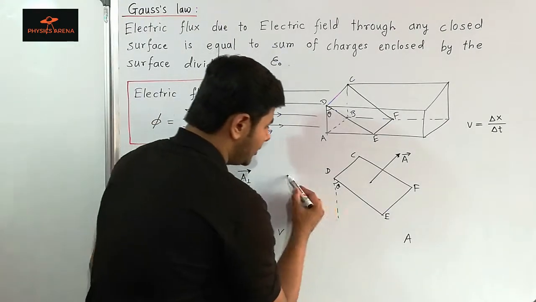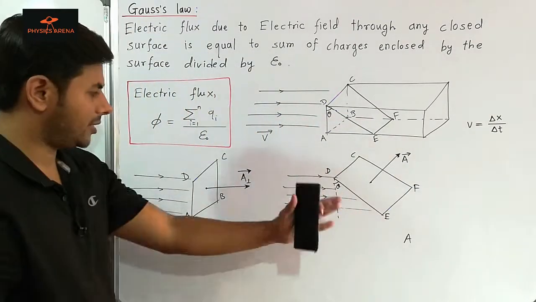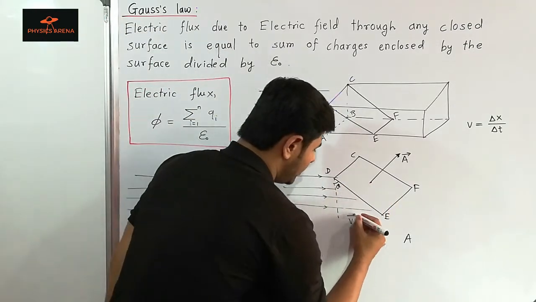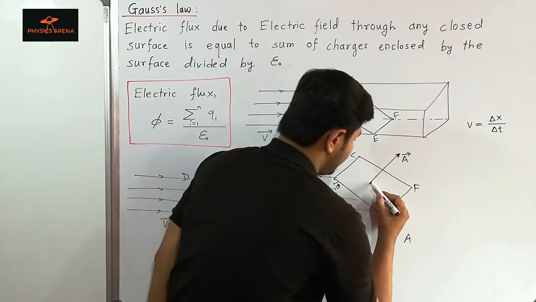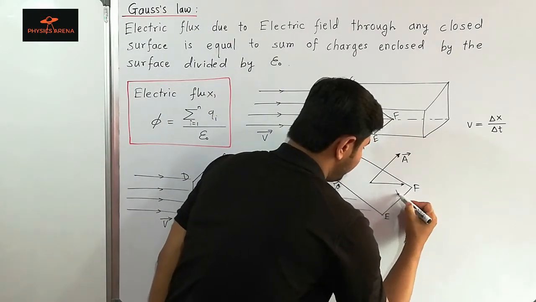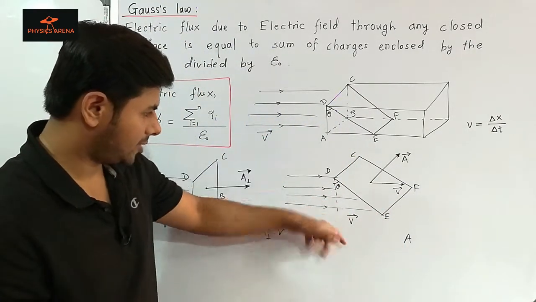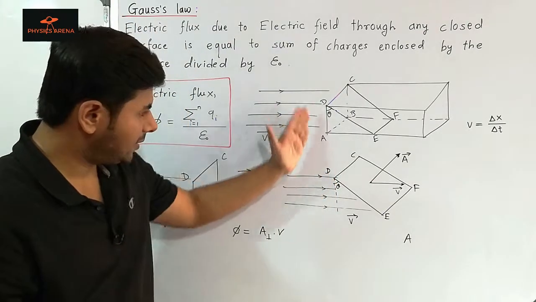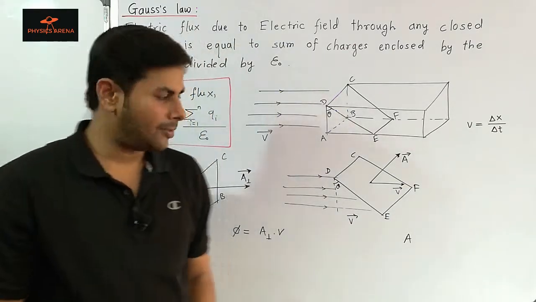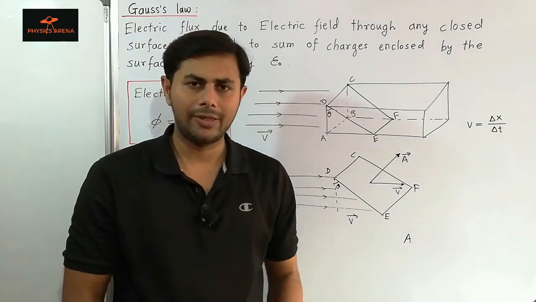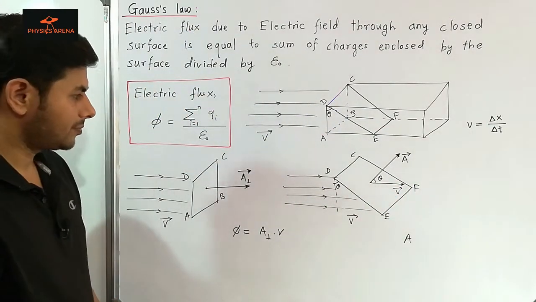So similarly, here too, let's consider the fluid coming in this direction. So v bar is the direction of velocity. So I can represent this velocity vector like this. Since this angle is theta, the angle between ABCD and this CDEF, the angle between the perpendiculars should also be theta. So this angle should also be theta.